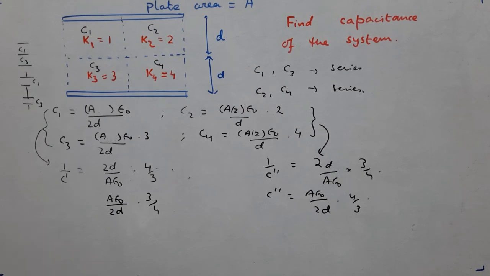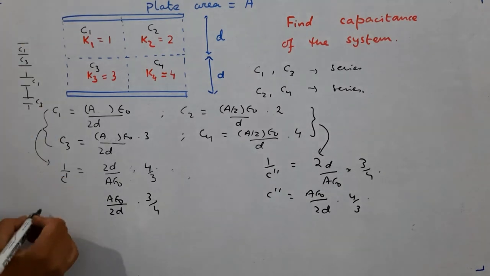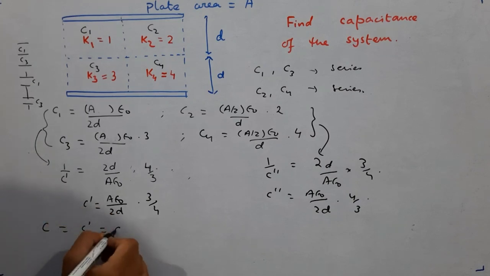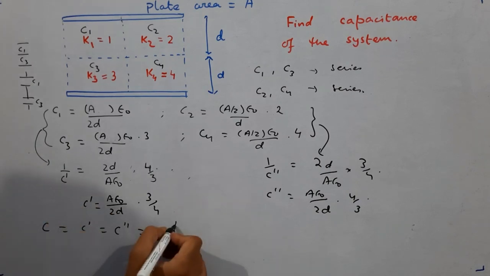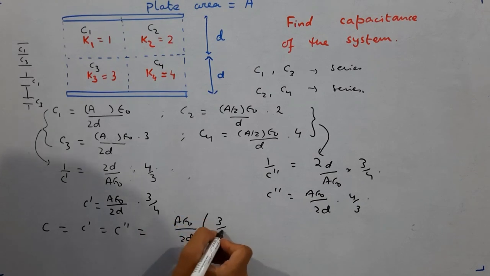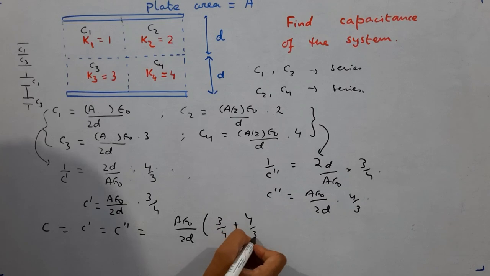If I have not committed any mistake, then these two will be now in parallel. So the final capacitance C will be how much? C dash plus C double dash. So if you add these two, we'll get A epsilon naught upon 2d multiplied by 3 by 4 plus 4 by 3.